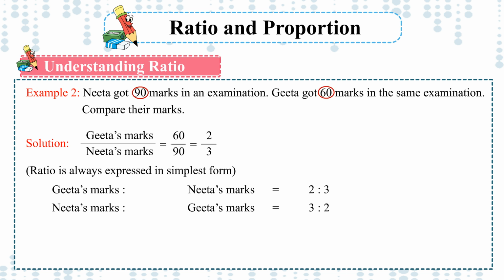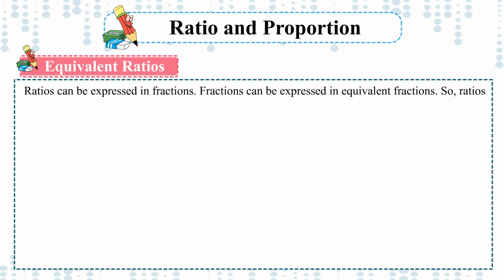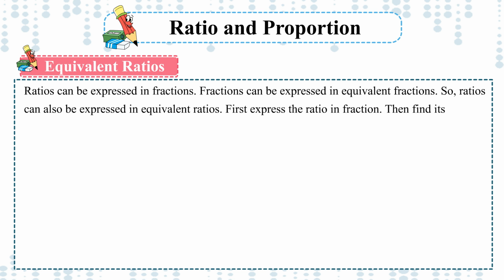Neeta's marks ratio Geeta's marks is equal to 3:2. The above statements are comparison of marks. Equivalent ratios. Ratios can be expressed in fractions. Fractions can be expressed in equivalent fractions. So, ratios can also be expressed in equivalent ratios.